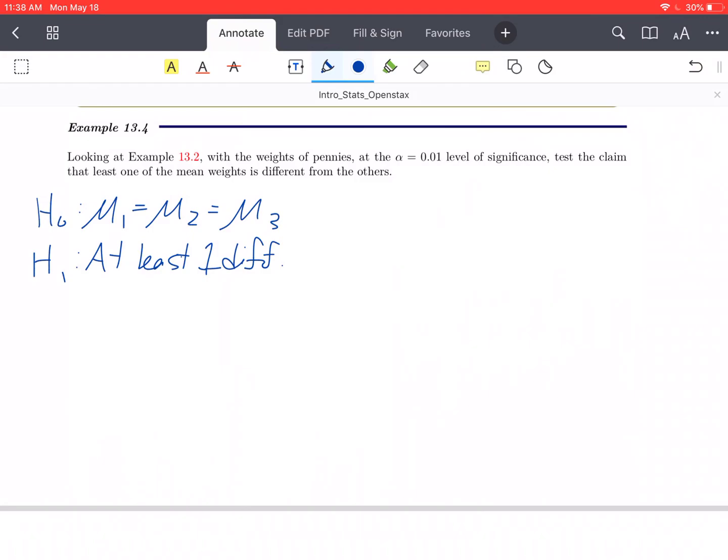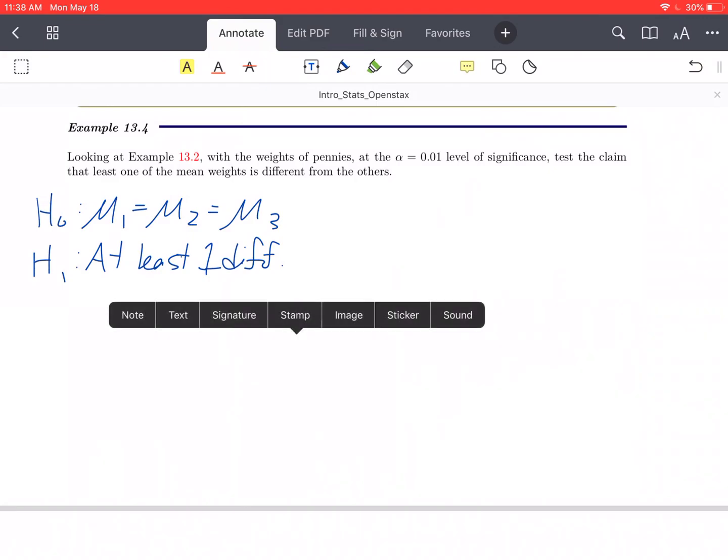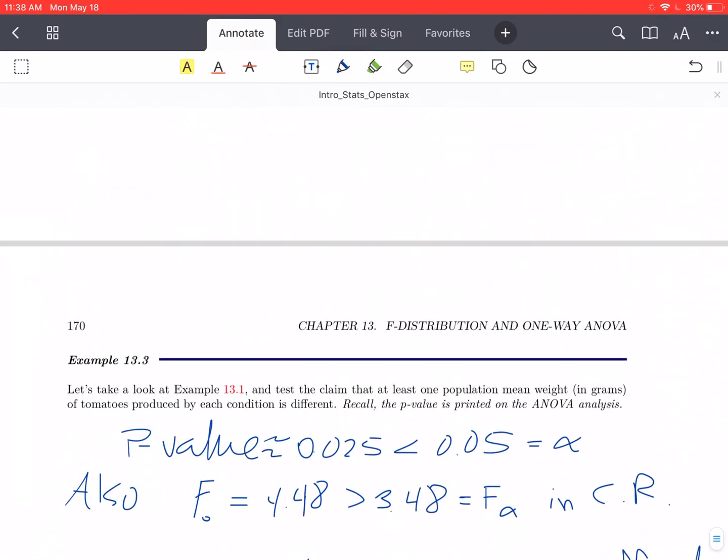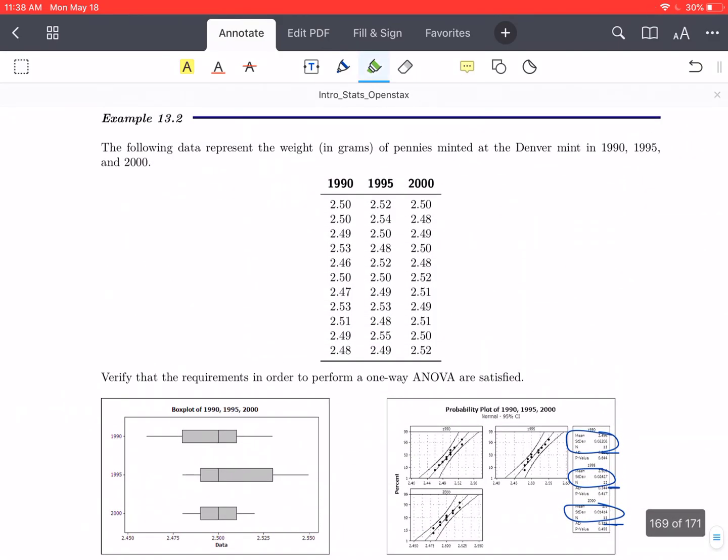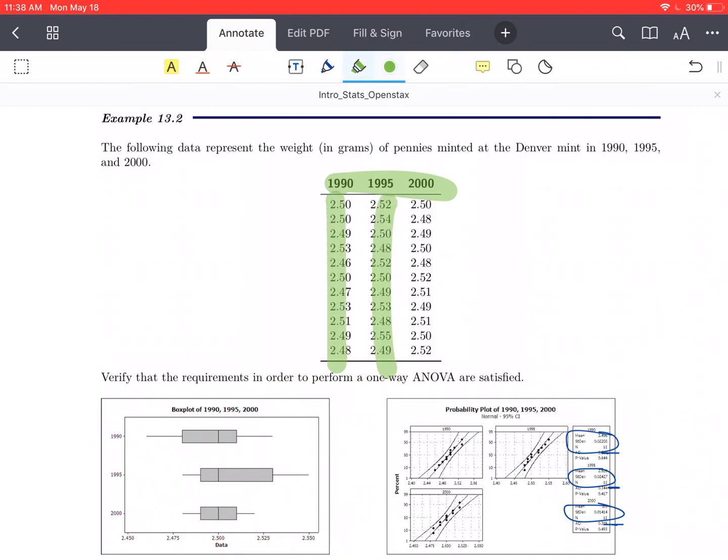Okay. So a few things we would need. We would need to get the means of each of these data sets. So from this table, we would get the mean of each of these. We would get the mean of the whole thing.